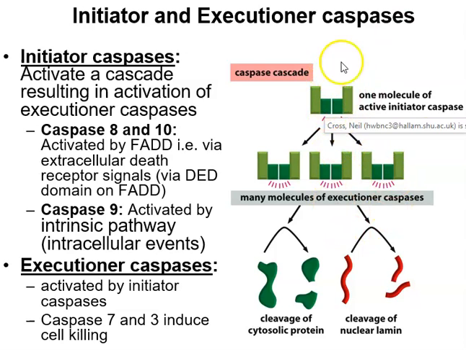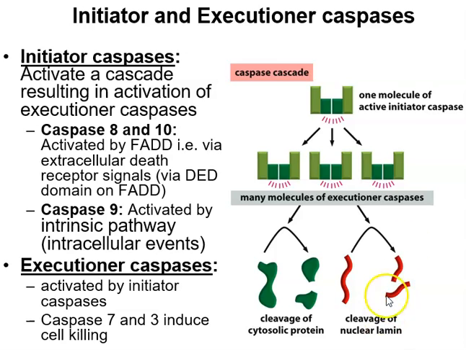Once caspase 8 has been activated, it can activate the executioner caspases, let's say caspase 3, 6 and 7, and they can then cleave their targets, and those targets could be things like nuclear lamin, which I'll talk about shortly, and other cytosolic targets to cause a cell to become degraded.